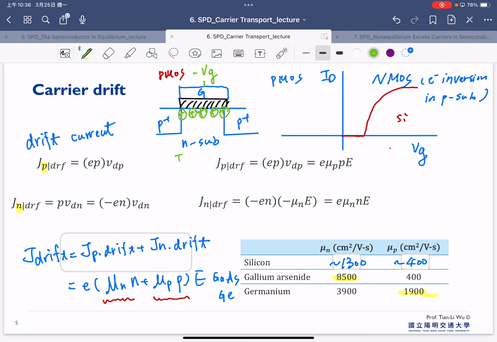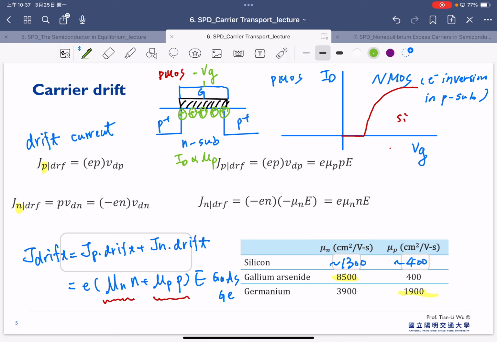The drain current in the P MOSFET is still proportional to our hole mobility. So the drain current in the NMOS is proportional to our electron mobility, and the drain current in the P MOSFET is proportional to our hole mobility here.